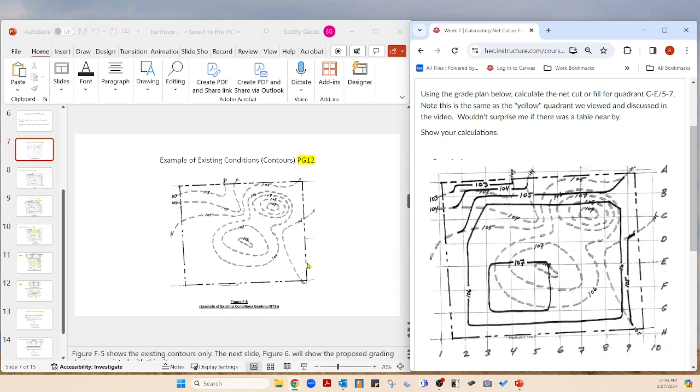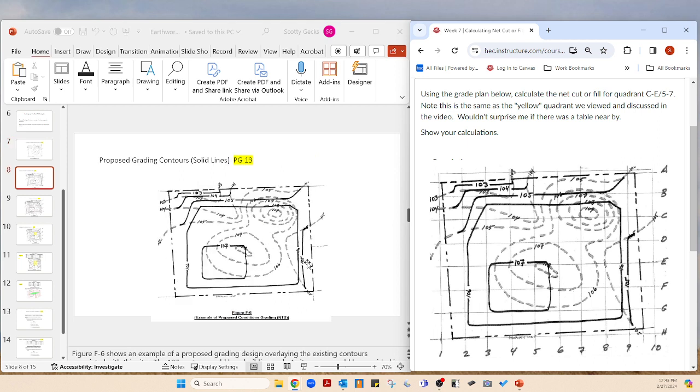Now we can move around here, and as you will see, the existing grades are still here, dashes, as well as over here. And you can see that this picture is the same as this picture, just a little smaller.